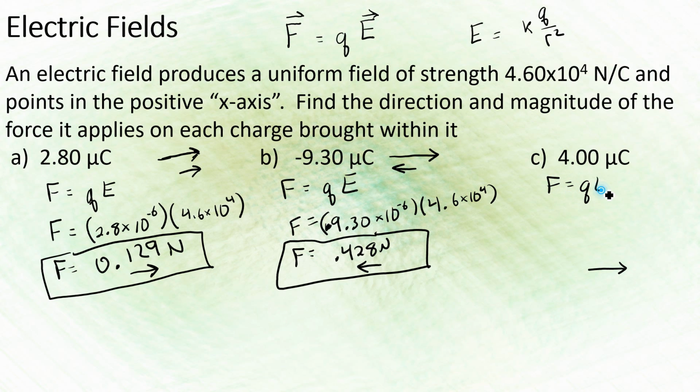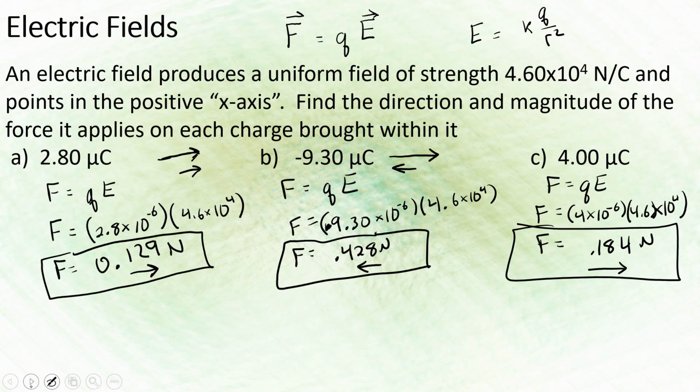F equals QE. And F is going to equal 4 times 10 to the negative 6 times 4.6 times 10 to the fourth. And we will get a force of 0.184 newtons.